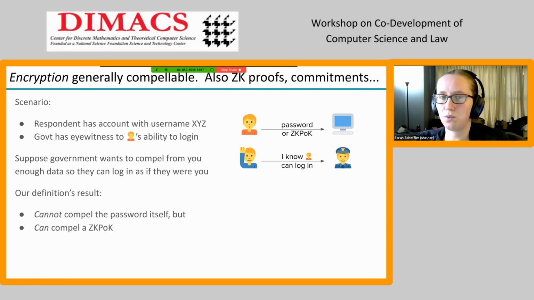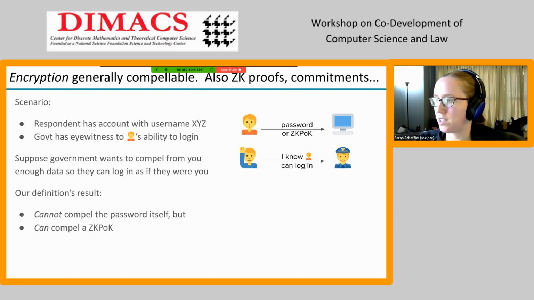So if you remember, a proof is called zero knowledge if nothing is learned from running the proof except for the one bit of output that the proof was convincing. Like that they actually had whatever it was that you were testing them to have. So if the government already knew that you could log in, then it does seem under this definition that they could compel an entire zero knowledge proof of that fact by running the simulator for the zero knowledge proof.